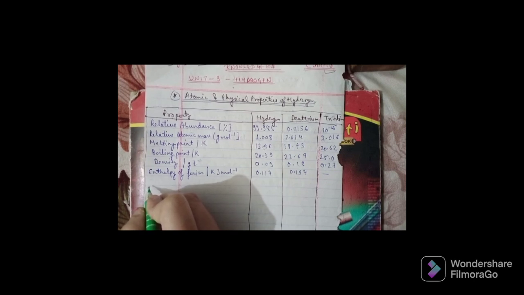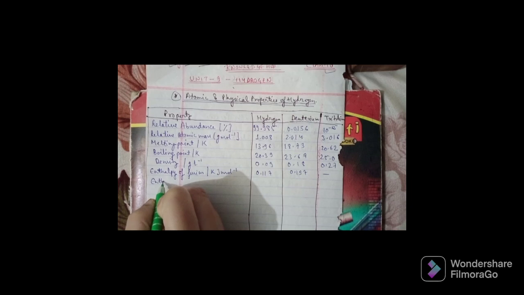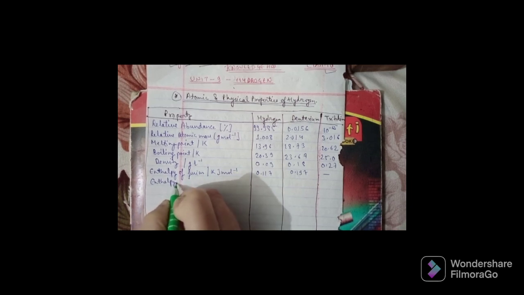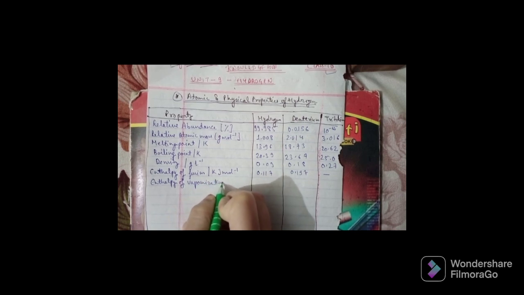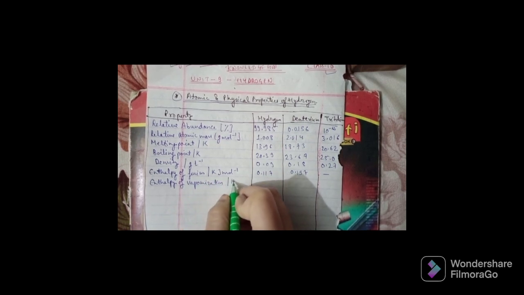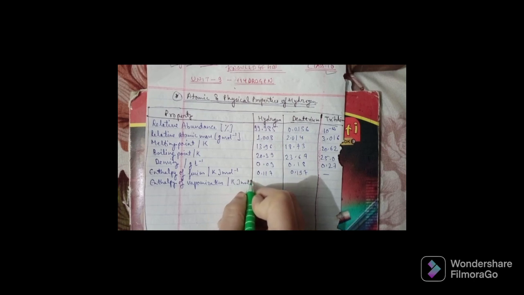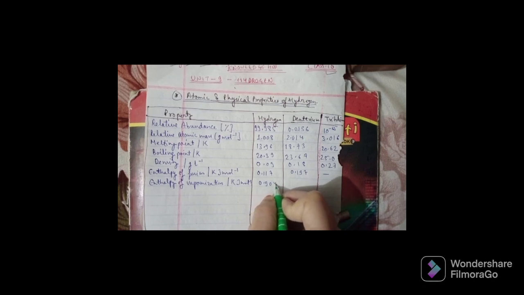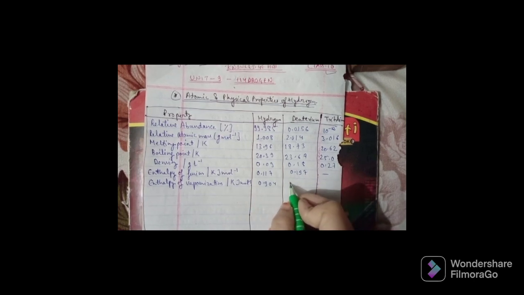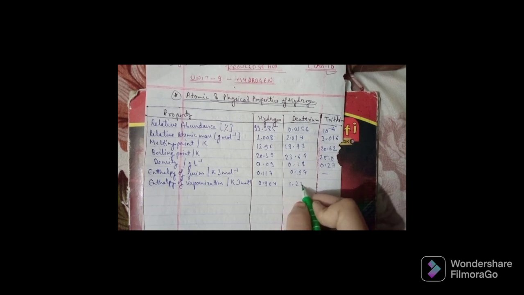Another is enthalpy of vaporization, in kilojoule per mole, which is 0.904 and 1.226.